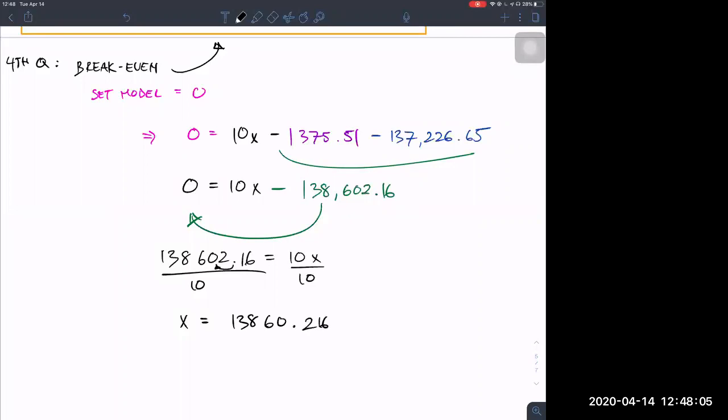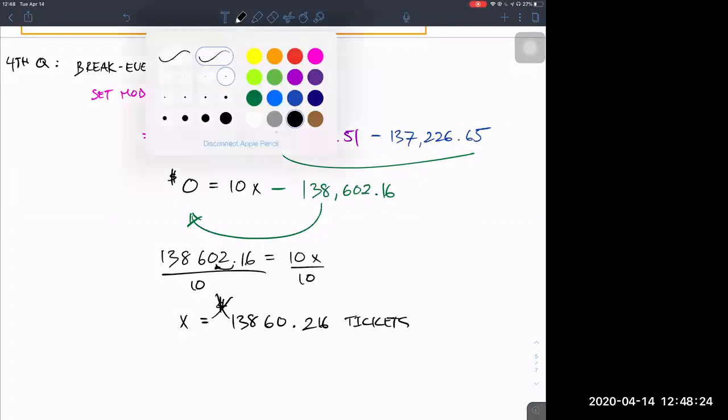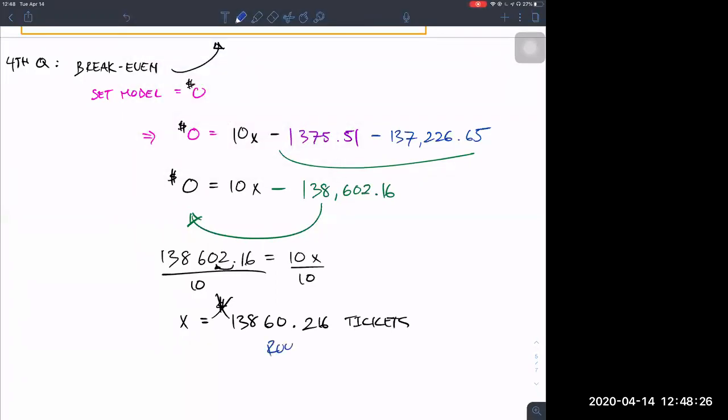13,860.216 what? Not dollars, right? This isn't dollars, because setting the model equal to 0 for break even means $0, so those are all dollars, and x is not dollars. These are items. What items are we talking about? We're talking about tickets, right? However, we don't end it there. We always round up to the next whole number.